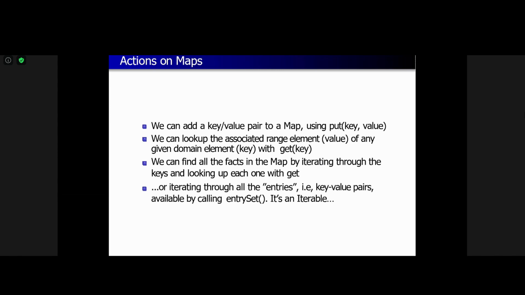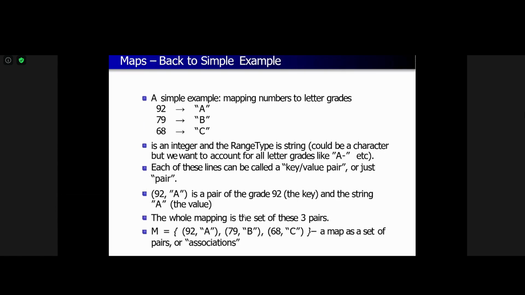So that's a basic way of doing it that you could use for the STs as well, using keys. Or you can see we can loop through all the entries by calling entrySet, which is also an iterable, so you can loop through it. Okay, so this is the same slide as before. So this simple example gives us here, this is like the entry set.